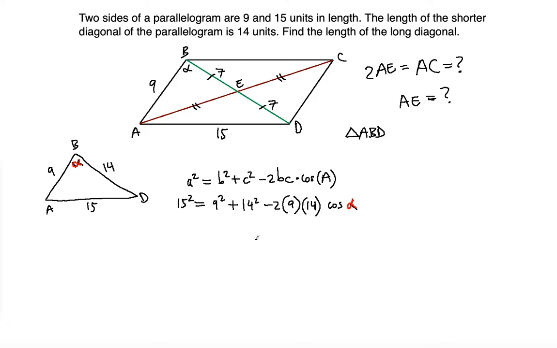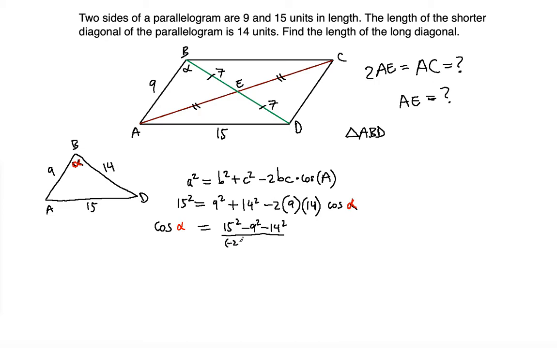Now if we solve for cosine of alpha, we'll be able to use it for the side that we need to find, the AE side. Algebraically, cosine of alpha is 15 squared minus 9 squared minus 14 squared, divided by negative 2 times 9 times 14, to isolate the cosine of alpha.